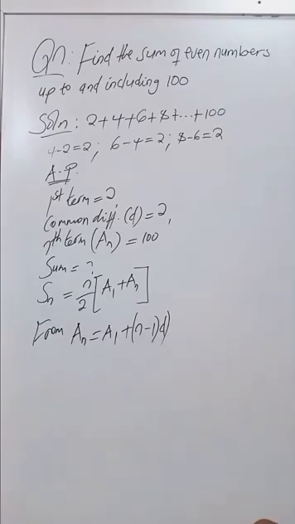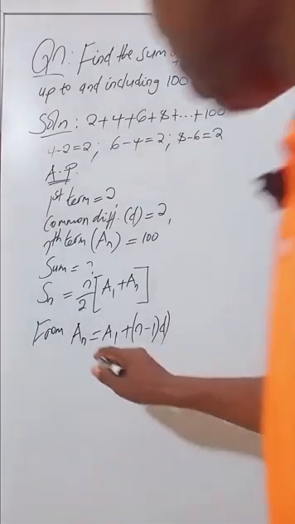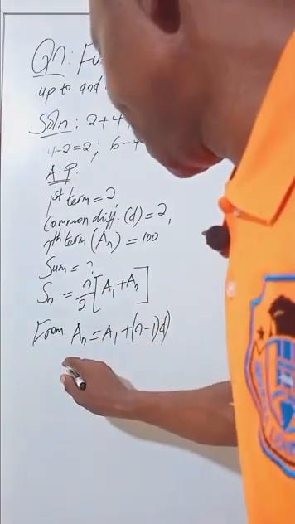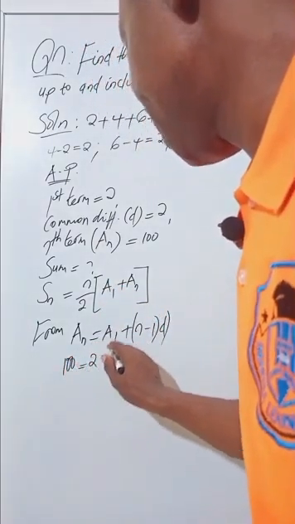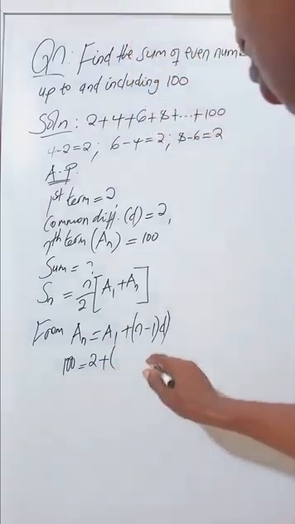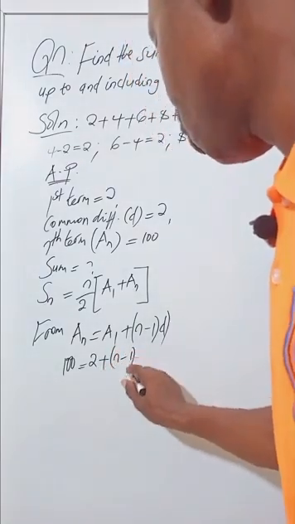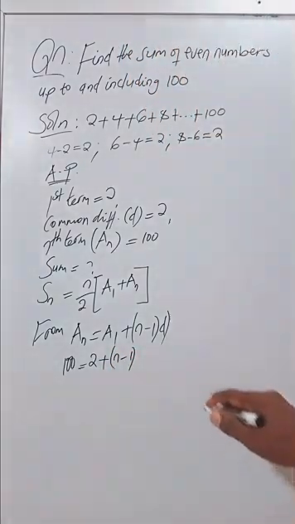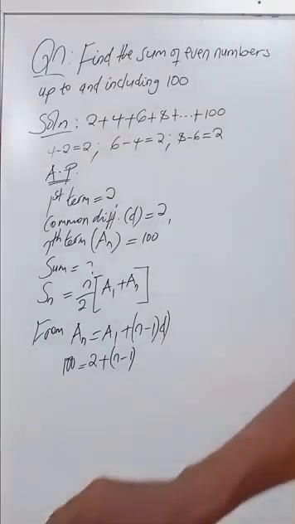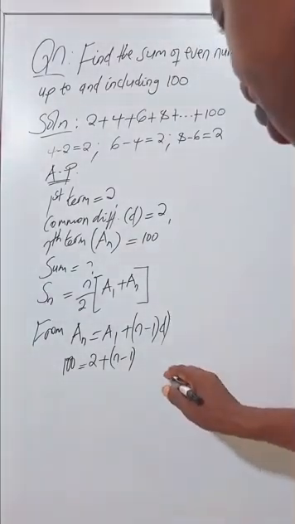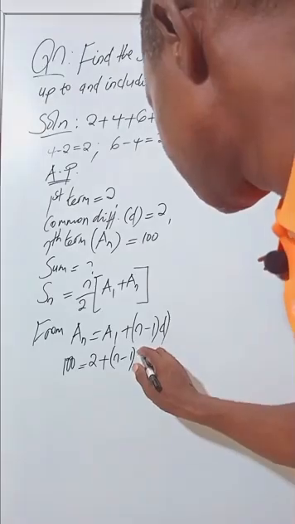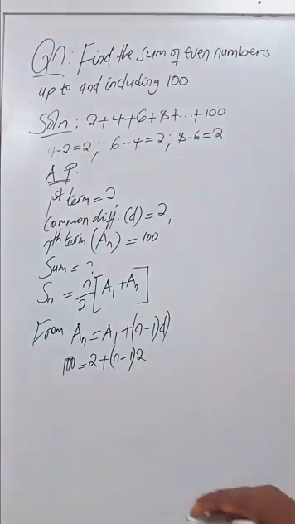Then we shall have 100 equal to the first term, this is 2, plus n minus 1 times our common difference. Our d was 2, so multiply by 2.